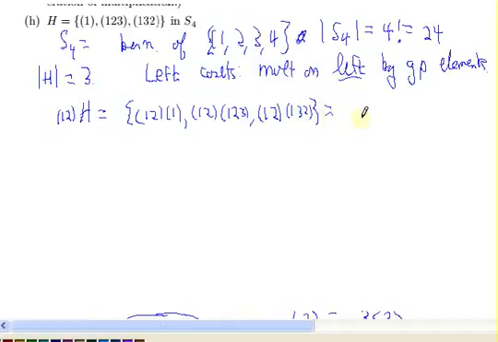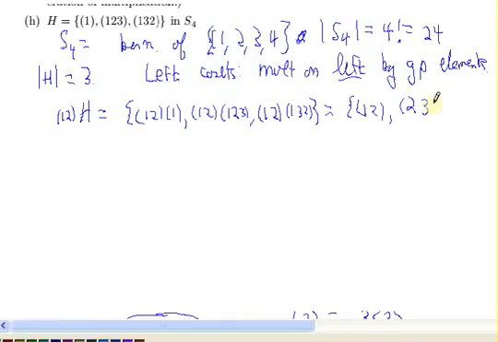The first one is just going to give me (1 2) again. The second one I have to figure out. 1 goes to 2, 2 goes to 1. That's actually fixed. 2 goes to 3, 3 goes to 1, 1 goes to 2.